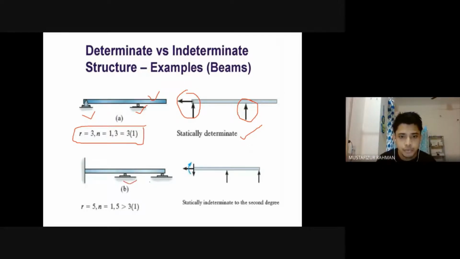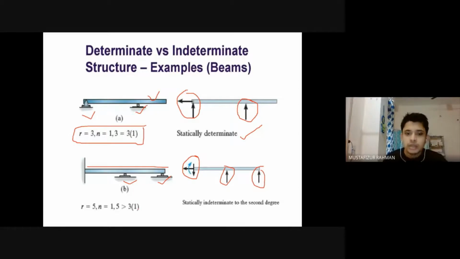Then this member is fixed here. We have a roller support here, we have a roller support here. So in the fixed point, we will have three reactions and roller support, one reaction each. Total number of reactions is 5. Those are the unknown forces. And then we have one beam. This is one single beam, continuous, but one beam. So we can write three equations of equilibrium.